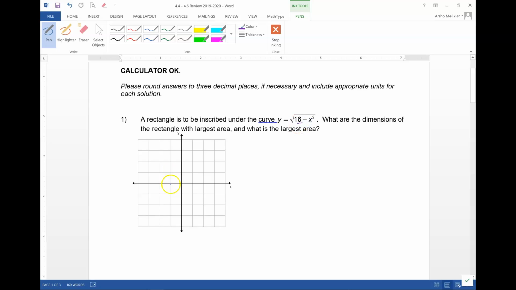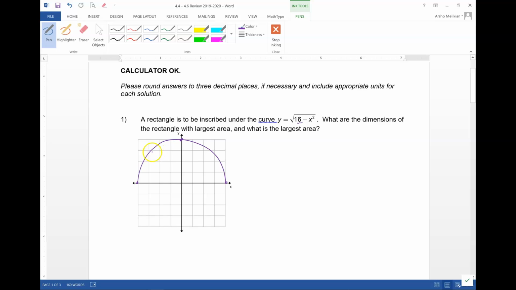So here we have a radius of 4. So that's what that looks like. And if it was negative root 16 minus x squared, then it would have been the semicircle underneath.